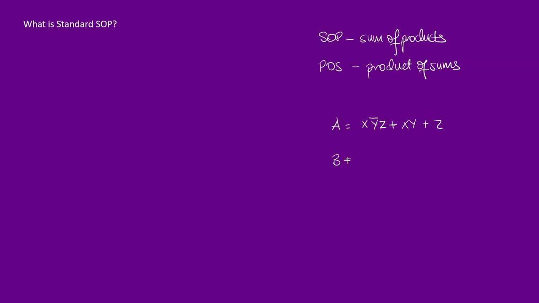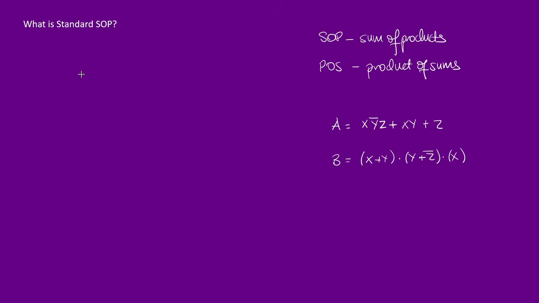And if B was to equal, let's say, X or Y, and Y or not Z, and X, this will now be a product of sums. So these are the two primary ways binary expressions come into play.